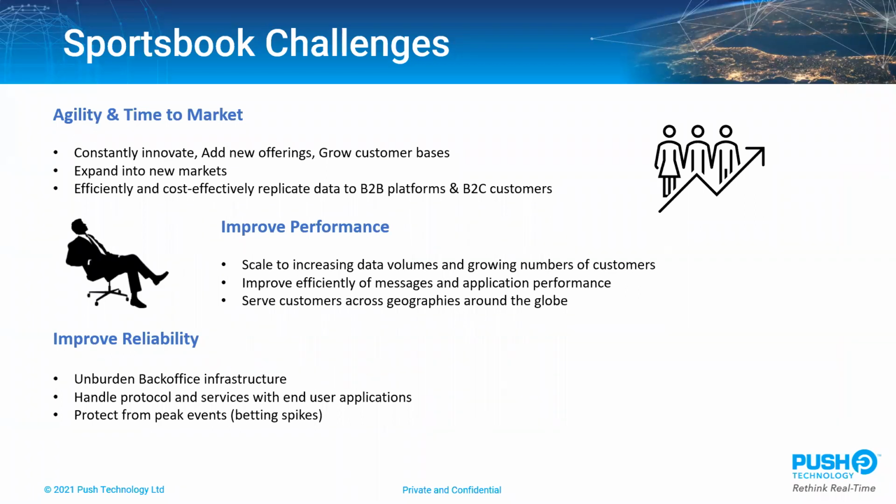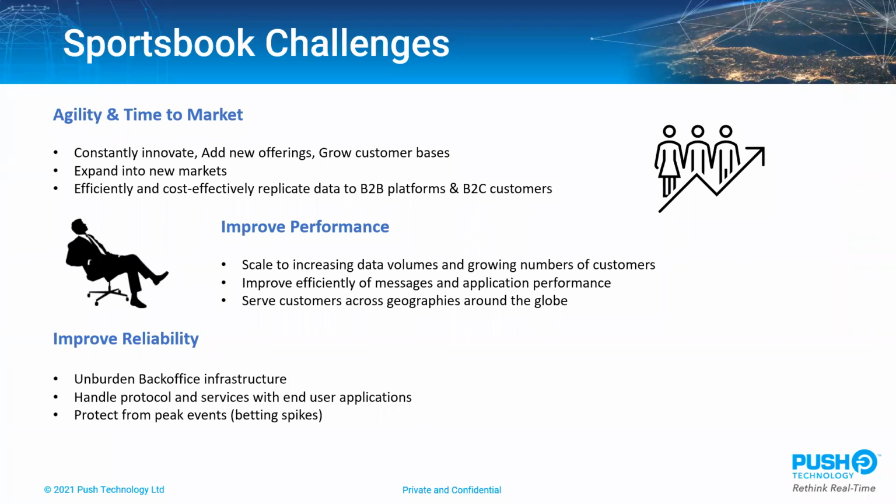There's also a relationship within sports books to other B2B partners. And so in this situation, other entities may be interested in leveraging that sports book itself. And the way that data is shared between these other entities that are starting their own sports books and the master sports book is really through distribution of data and how you replicate that data and make sure that it is in real time.